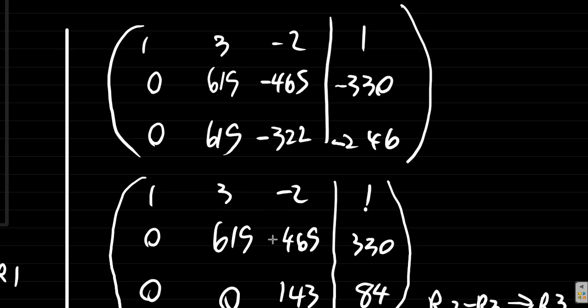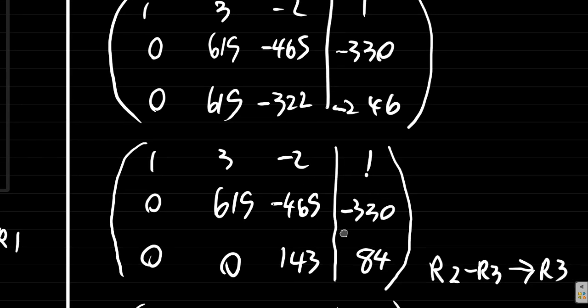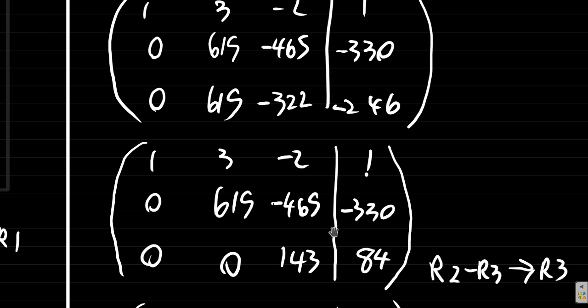This is negative. This is negative. Okay. And then row 2 minus row 3. 0 minus 0 is 0. Good. 615 minus 615 is 0. Good.